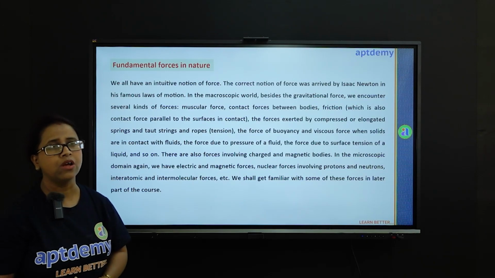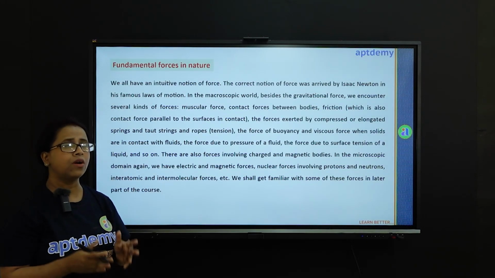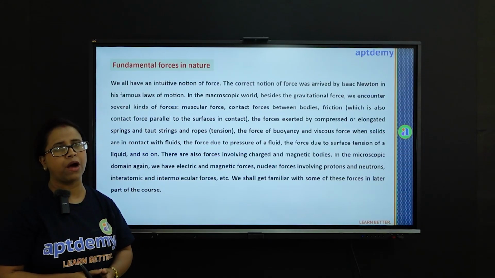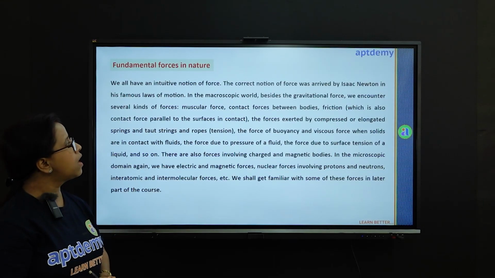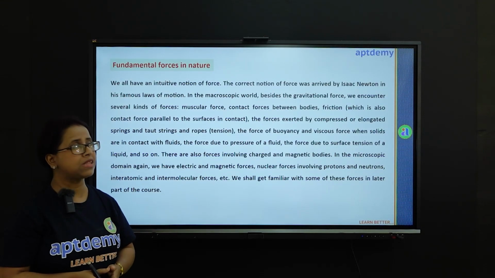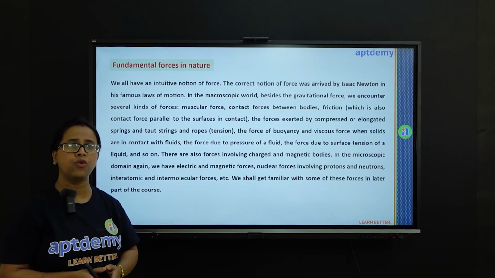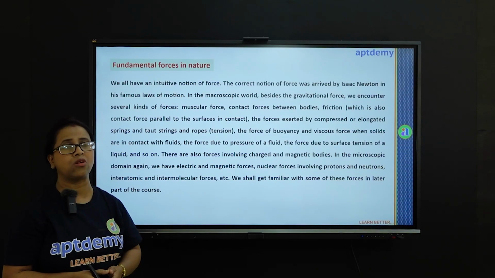Now talking about the various fundamental forces in nature. The exact notion of force was first provided by Sir Isaac Newton in his laws of motion. In the macroscopic world, besides the gravitational force, we also encounter several other forces like muscular forces, contact forces. We talk about viscous forces in case of liquids.